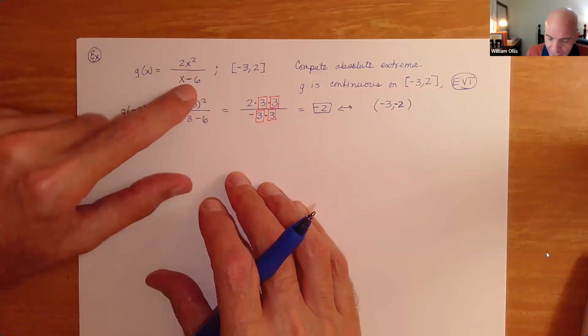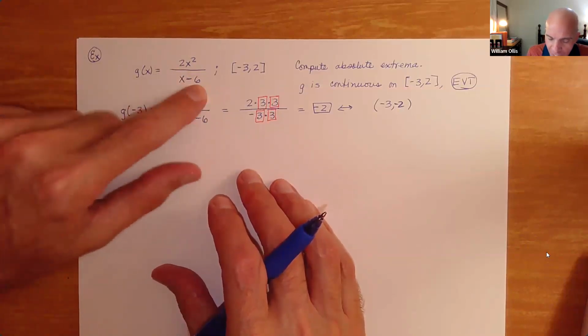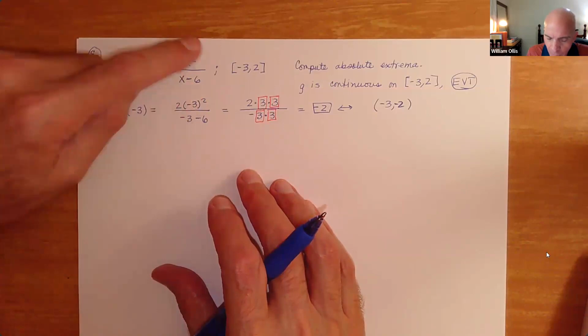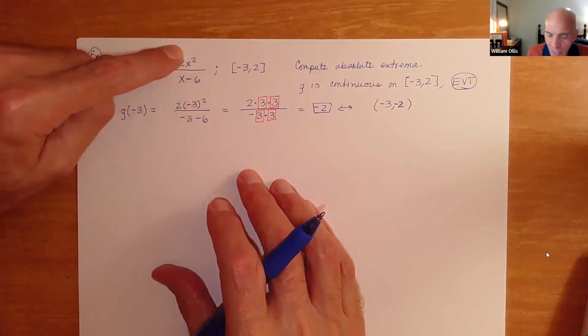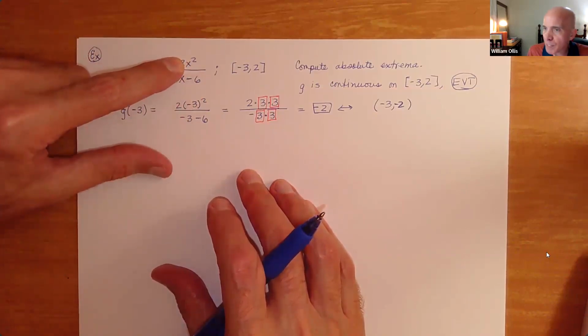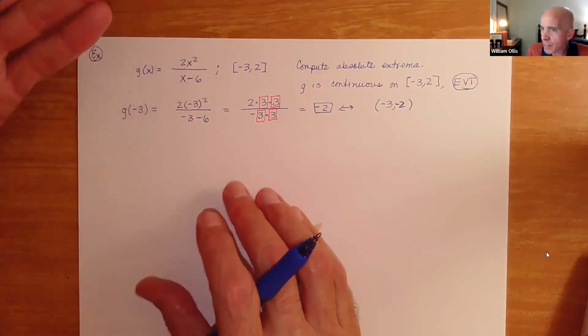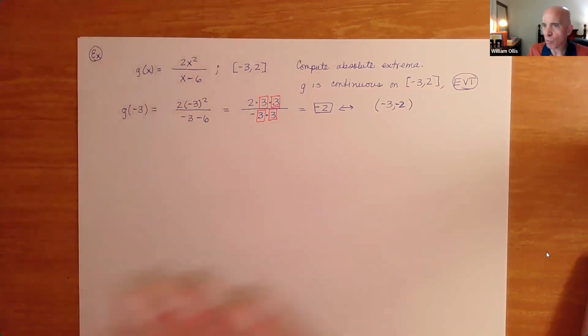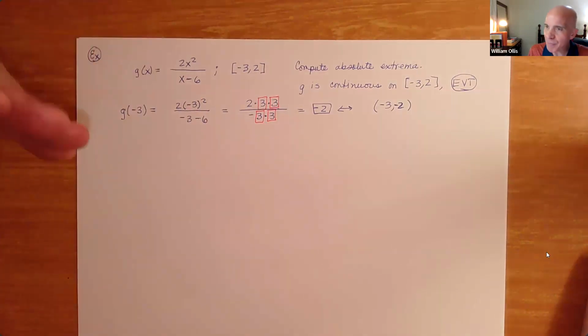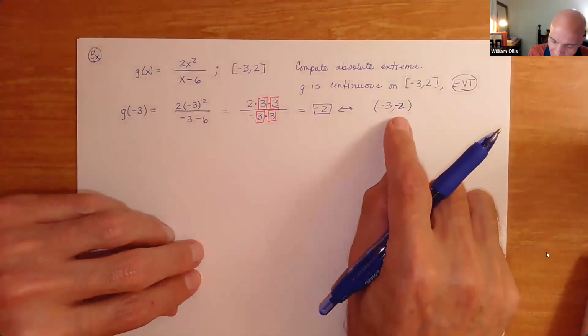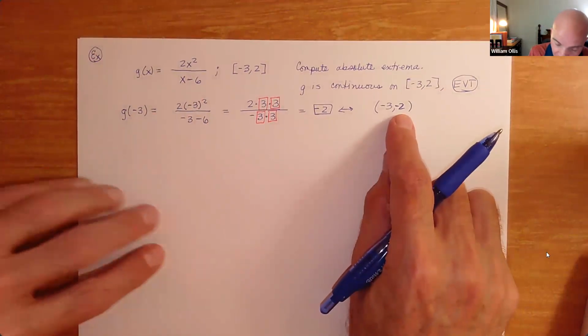And then we would do a sign test. And of course, we'd have a variation in sign on either side of 6. But of course, the 0 in the numerator is to multiplicity 2. So we always have positive. So we're just touching, the sign won't change. So just kind of keep that in mind and make sure that this is all working out. So it makes sense in this particular case that we have a negative number here.